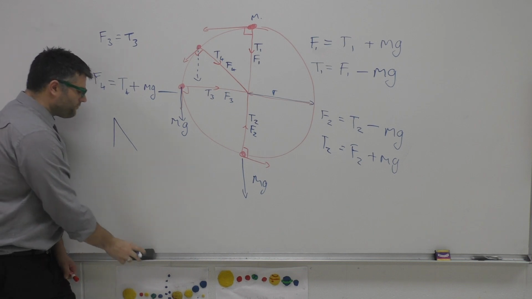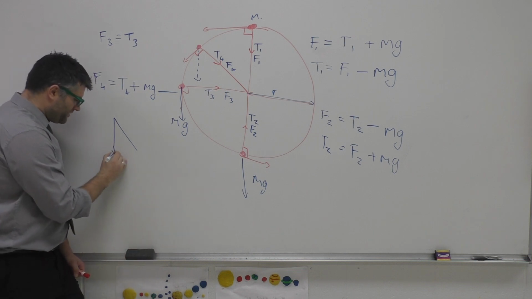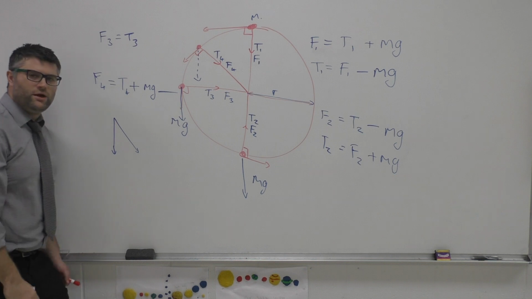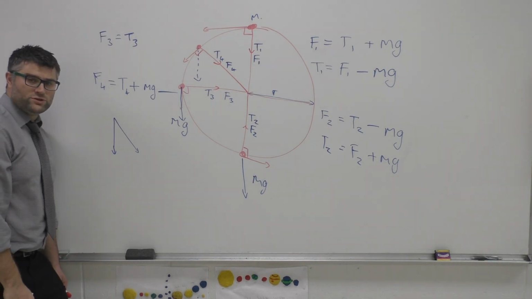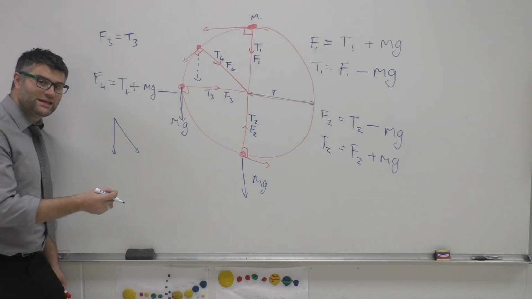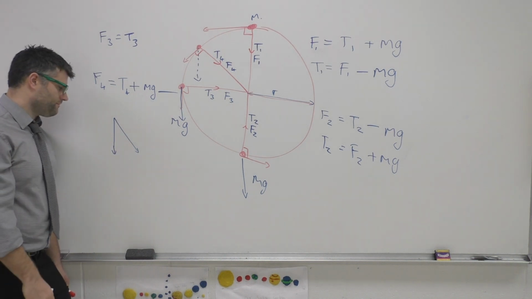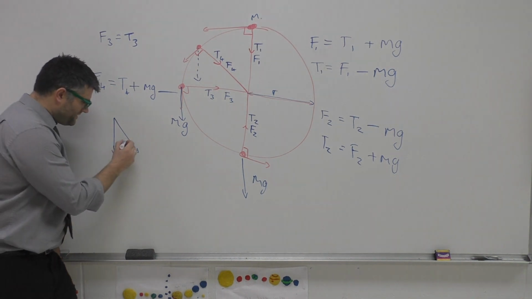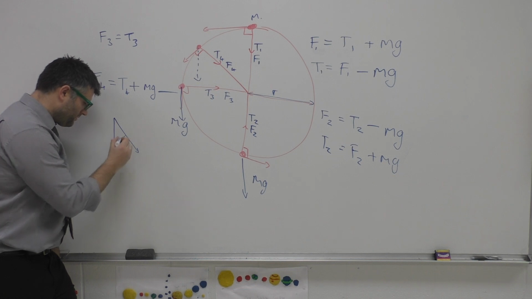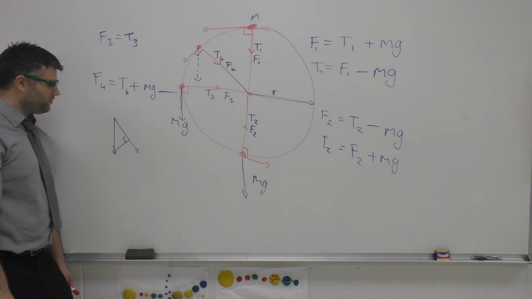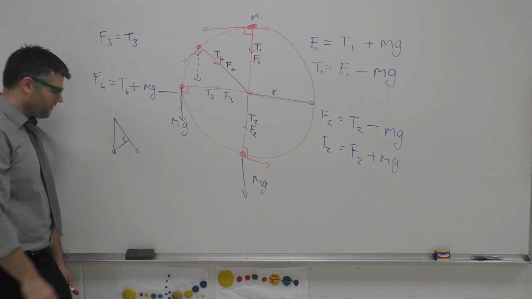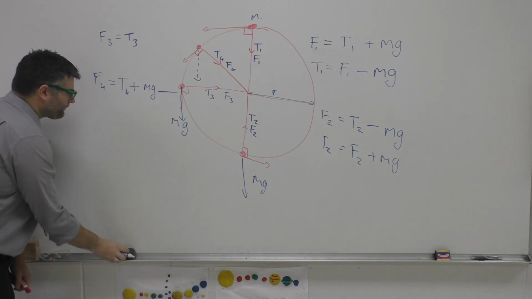Because some of the savvy ones amongst you will remember some of my previous videos, where I've said the weight, or the force due to gravity, is always the hypotenuse. So in this case, that must be the triangle there. I'll just blow that up a bit more.